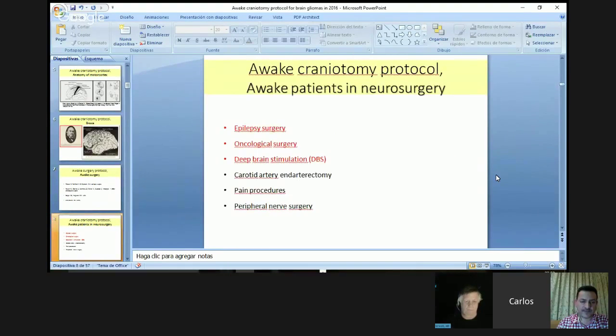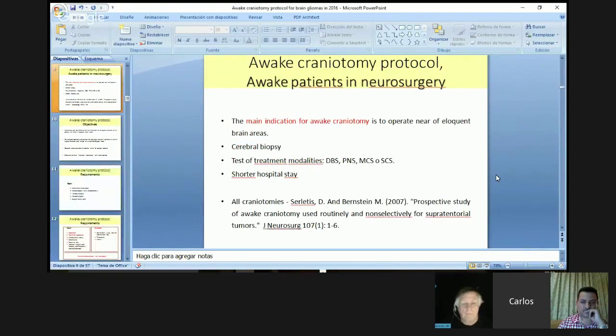In awake patients in neurosurgery, we can divide it. We can see it during epilepsy surgery or in oncological surgery, or in deep brain stimulation too. In other techniques, such as carotid artery endarterectomy, pain procedures, and peripheral nerve surgery, the patient is awake.